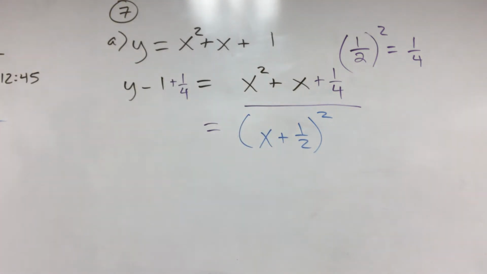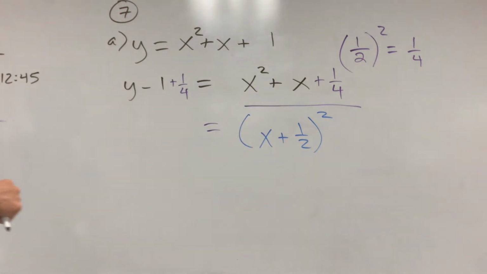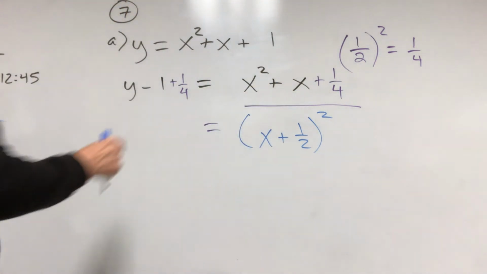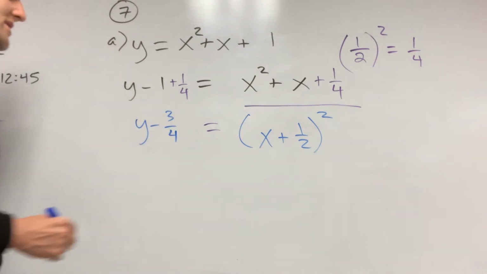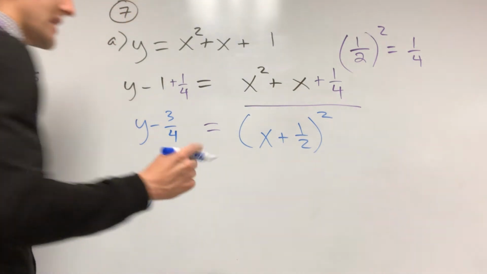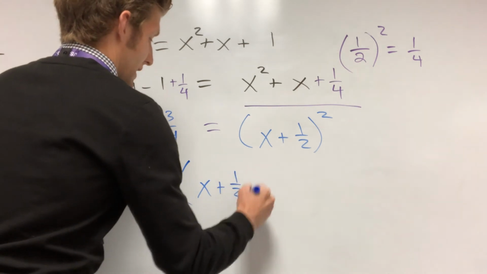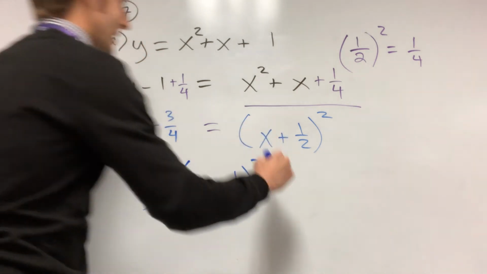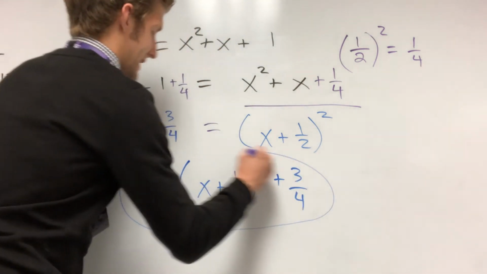We stayed away from the odd numbered middle terms for a reason. On the left, we have y minus 3/4. So in completing the square, I have a standard form of a parabola here. I put the x plus 1/2 parentheses squared, then I add 3/4 over to the other side.